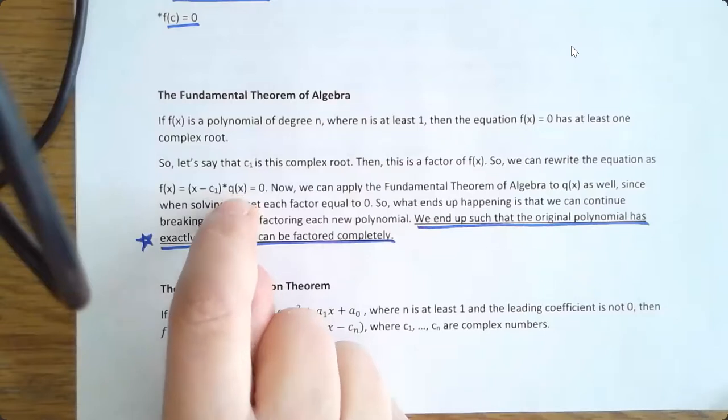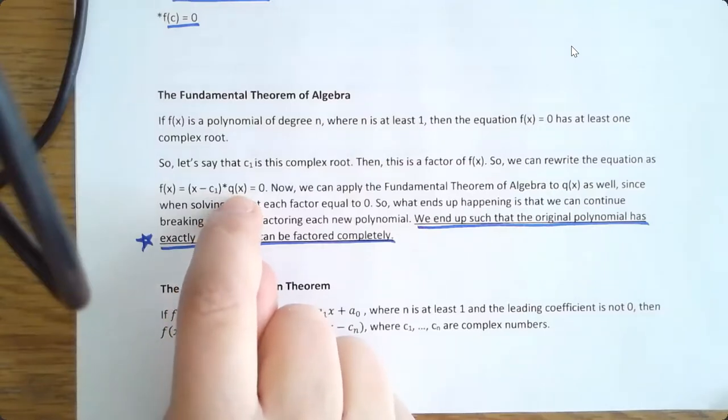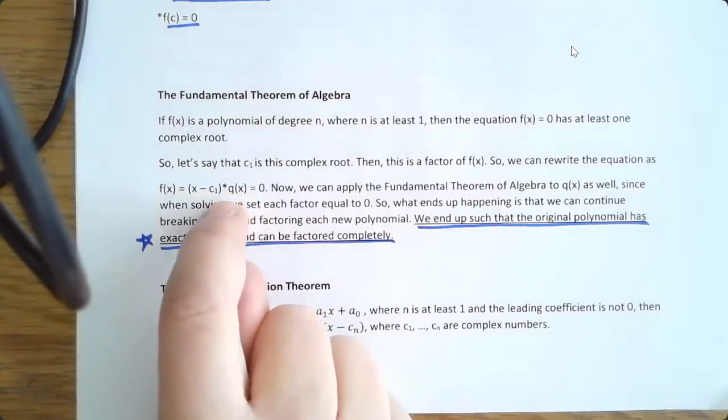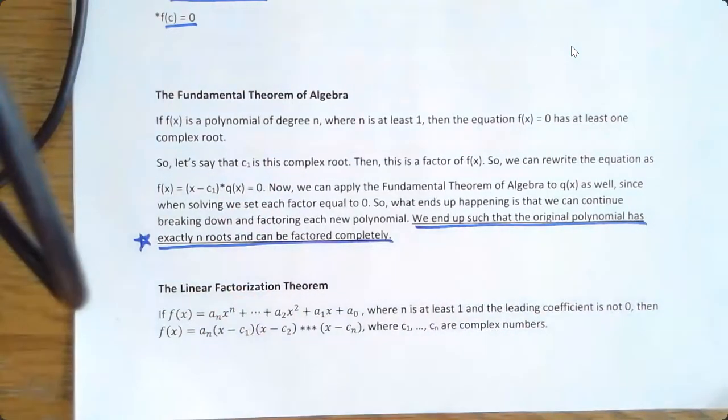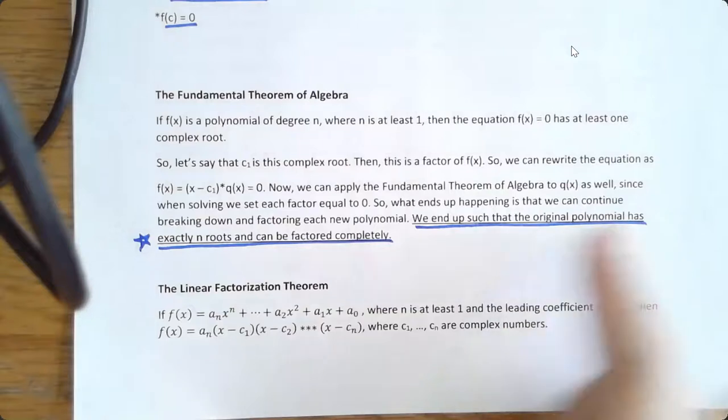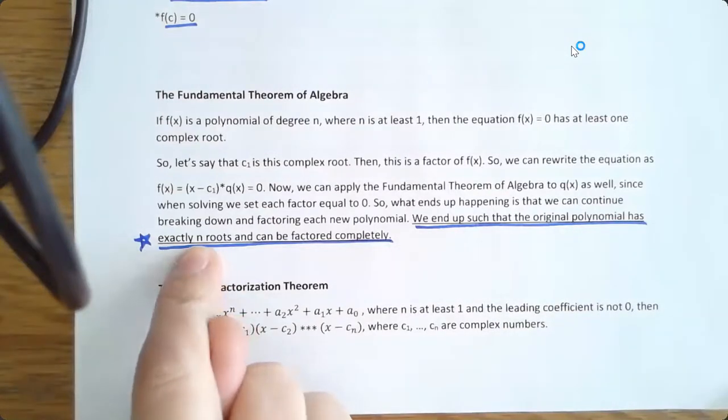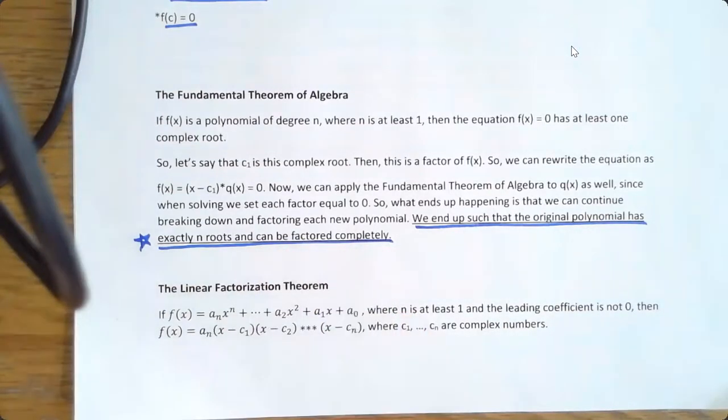So I can pull out another root from q of x, which is another factor, and then again have another polynomial left over. That process continues over and over, so that each time we get to a smaller polynomial of lesser degree, we're pulling out another factor. So what you end up with is that every polynomial, like I said, has exactly n roots, and it allows us to factor it completely.